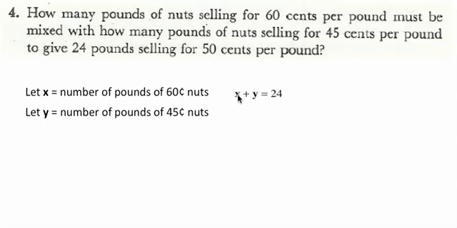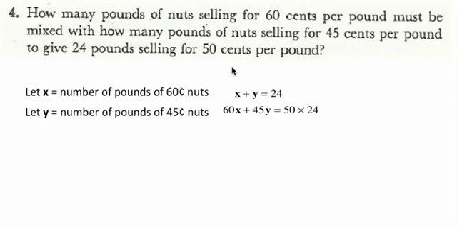I just have to multiply X by 60, so I have the value of all the nuts: 60 times X. Same for the 45-cent nuts. The number of them is Y, so the value of them is 45Y. And the value of the 24 pounds of mixed nuts, because we're selling them for 50 cents, is 50 times 24.